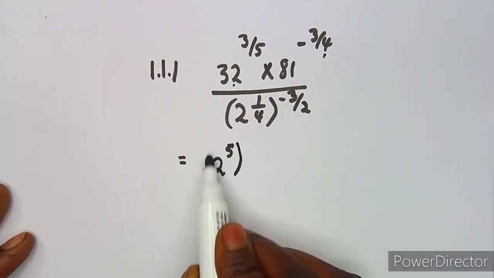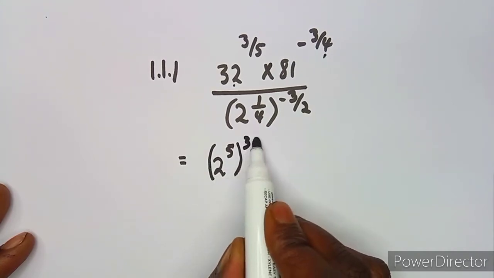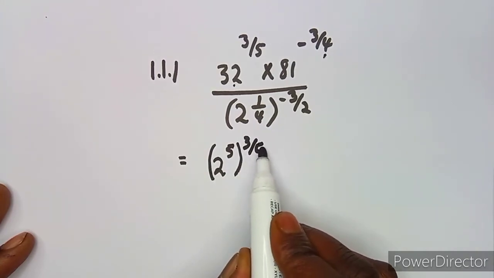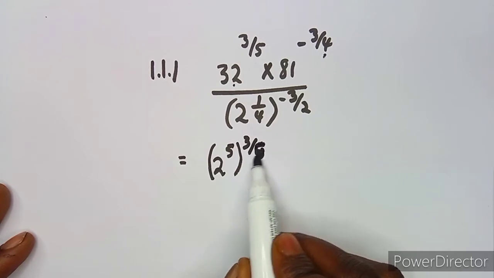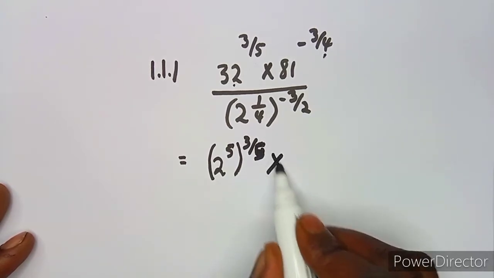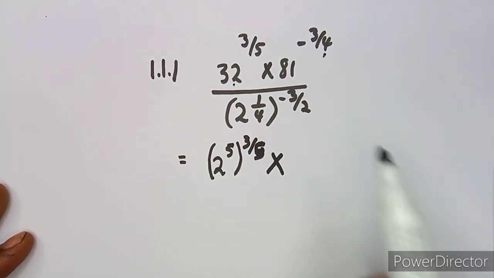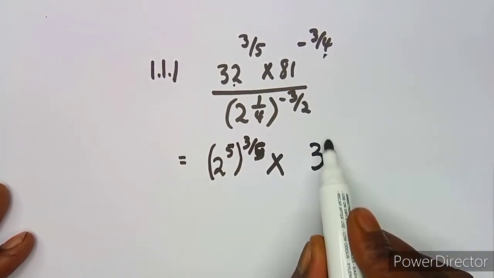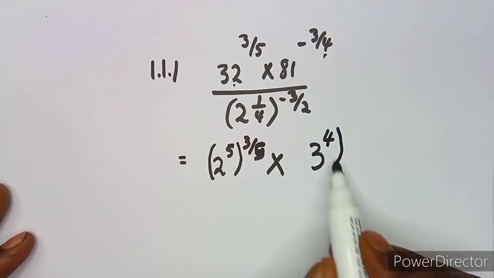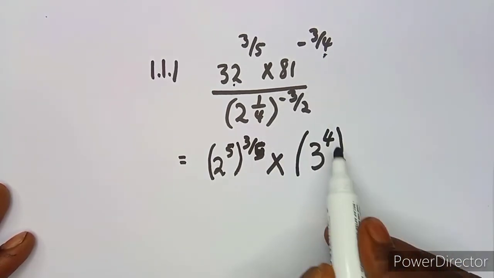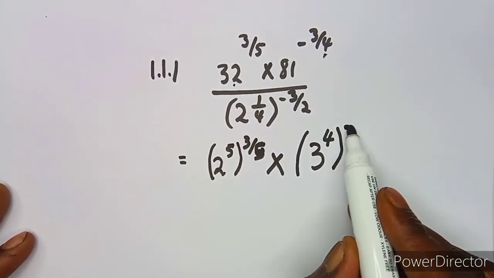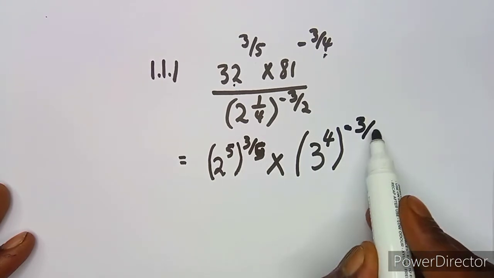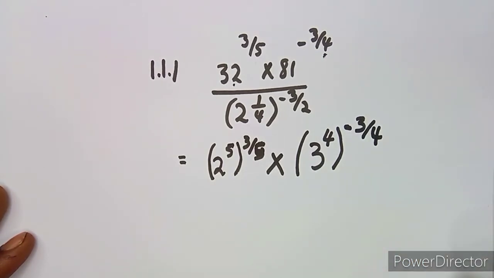Then 81 can be written as 3 to the exponent of 4. You can cross-check using your calculator, but you see that it's 3 to the exponent of 4, multiplied by the exponent of minus 3 over 4.